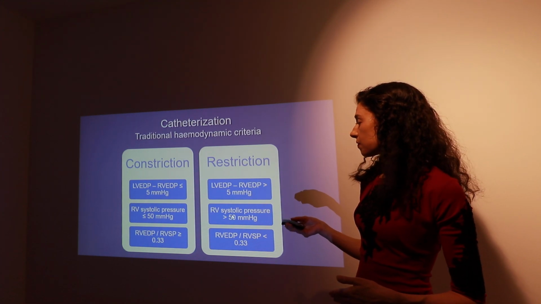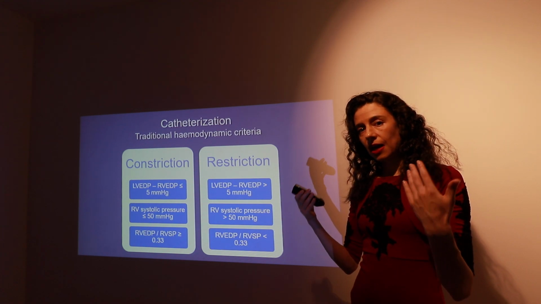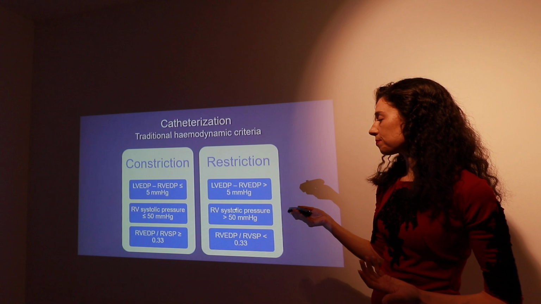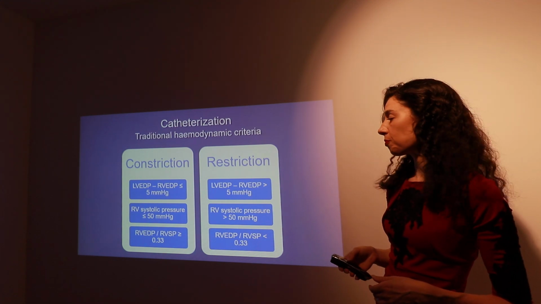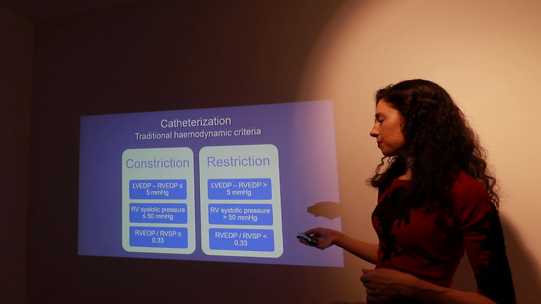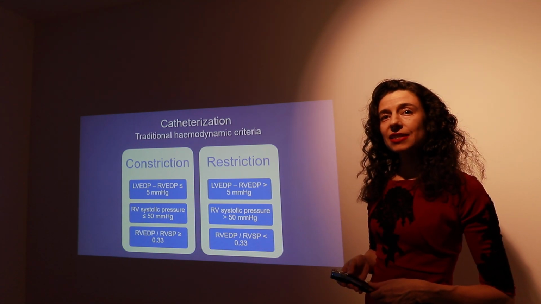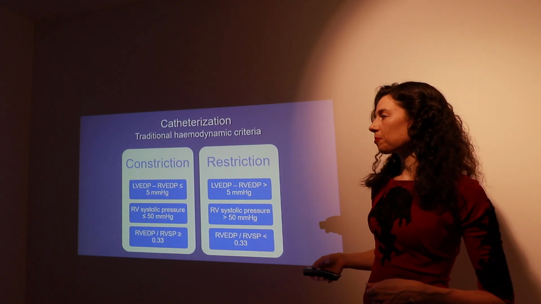Here also RV systolic pressure is much higher, very often more than 50 millimeters of mercury, and therefore the RV end-diastolic pressure is less than 1/3 of RV systolic pressure.